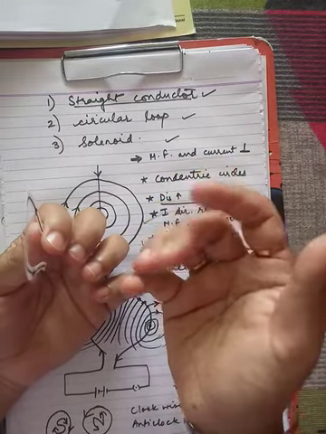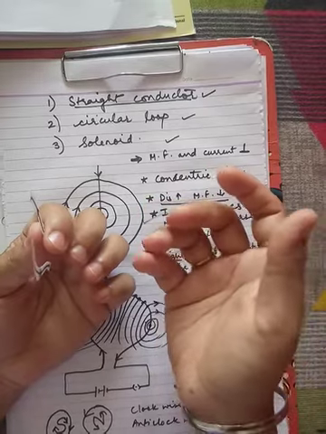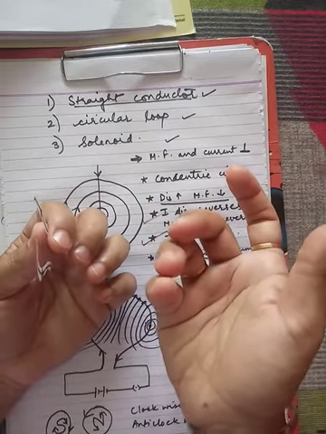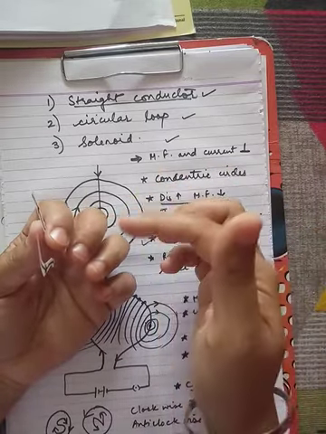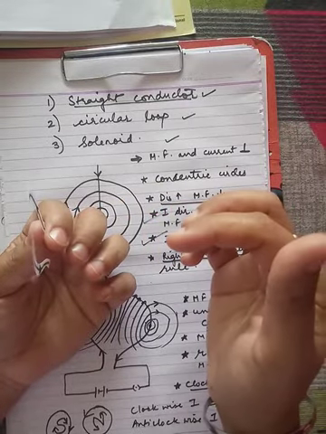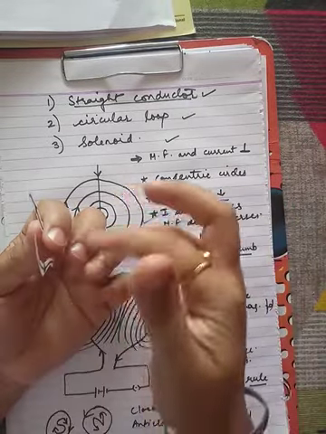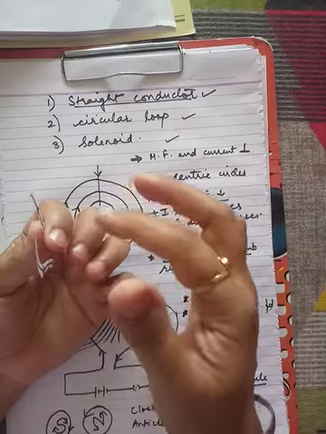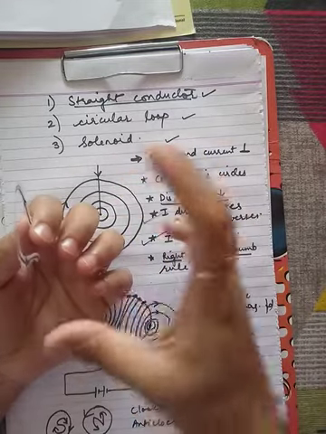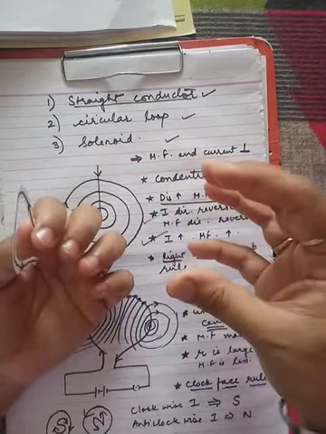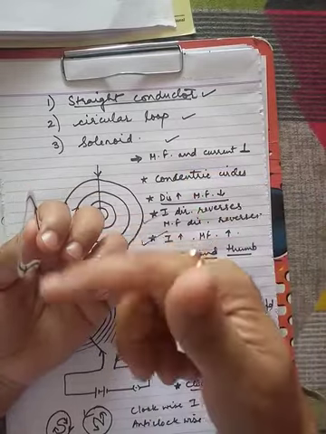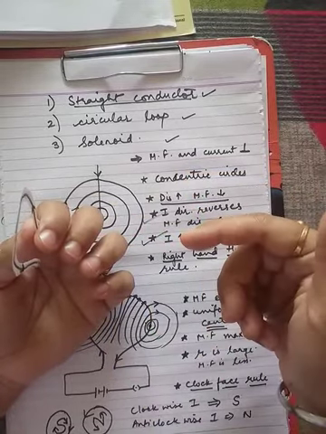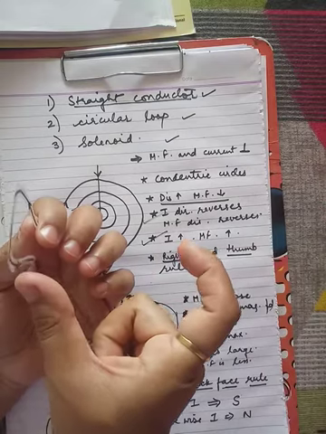How would we define a solenoid? A solenoid is a coil of many circular turns of insulated copper wire which is wrapped closely in the shape of a cylinder. It will be a cylinder, like from here I will start, then I will stop here, so it is a cylindrical shape.